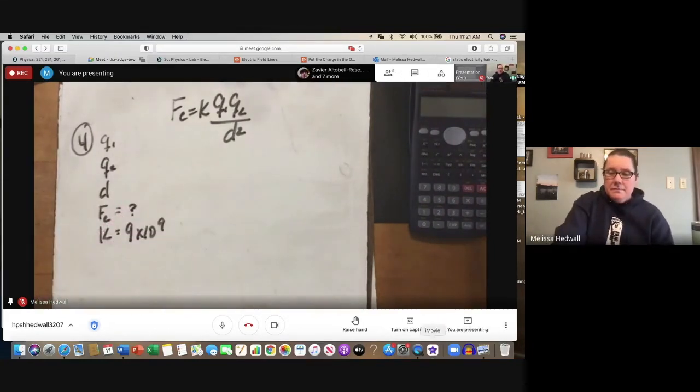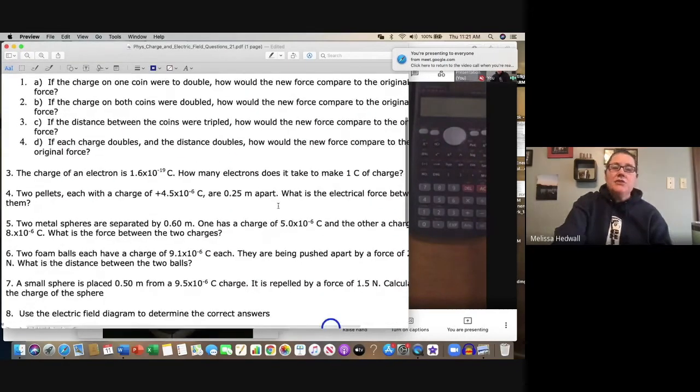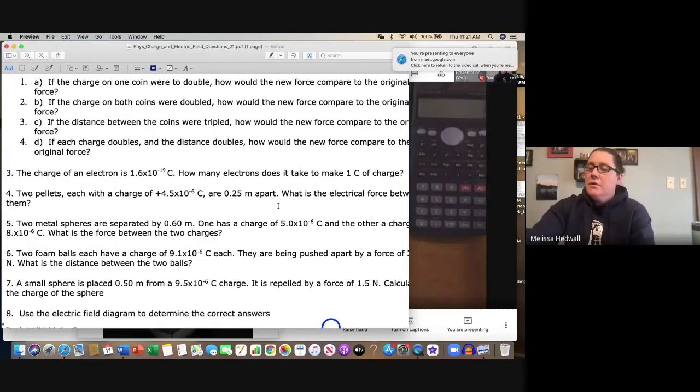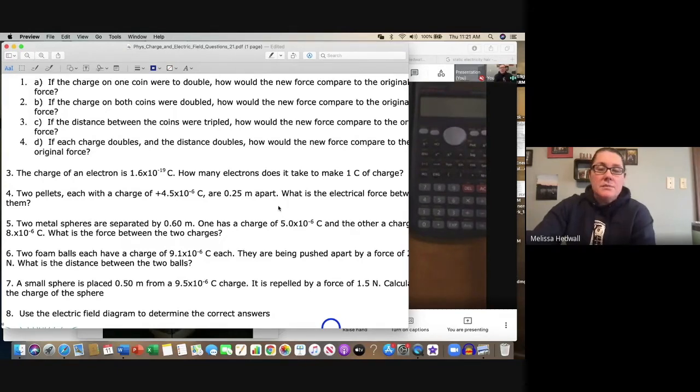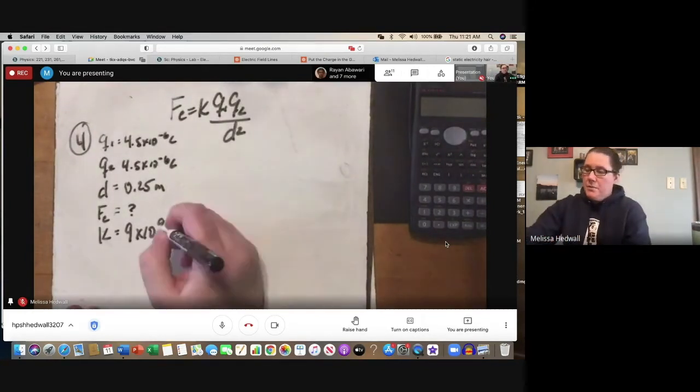In number 4, it says 2 pellets each with a charge of 4.5 times 10 to the negative 6 coulombs. So both of them have that. And the distance between the two is 0.25 meters. On number 4 here, we're just looking at how these numbers go into the equation so they appropriately work.